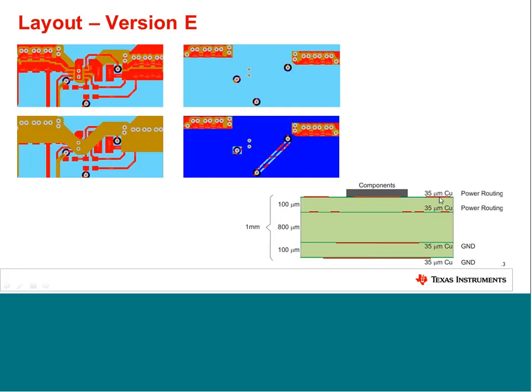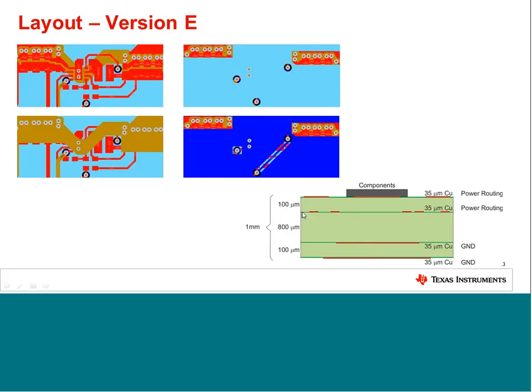So the thickness of the PCB is still the same. We're moving from a 2-layer to a 4-layer, and what we had with version D on 2 layers, top and bottom, is now on top and inner layer 1.